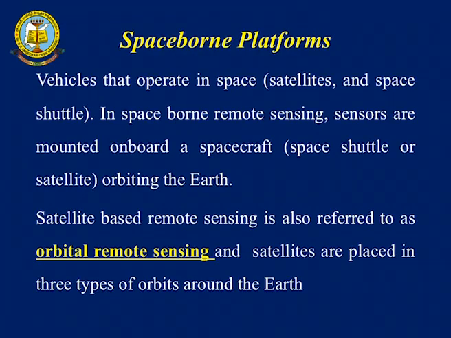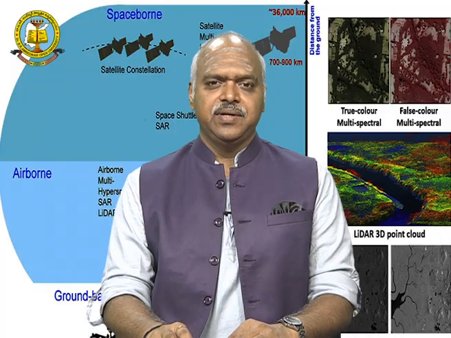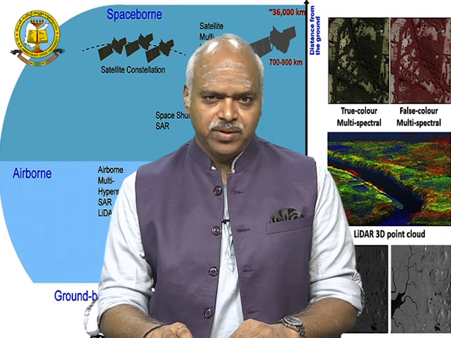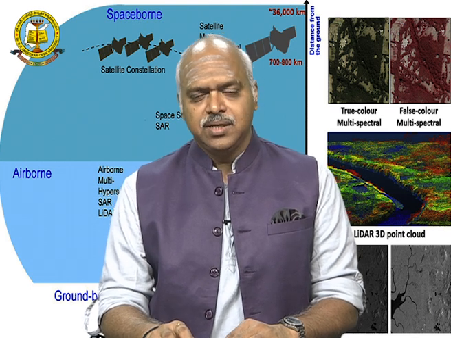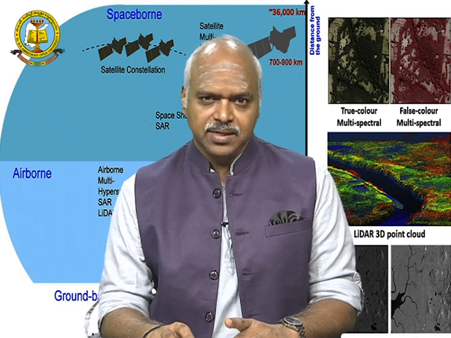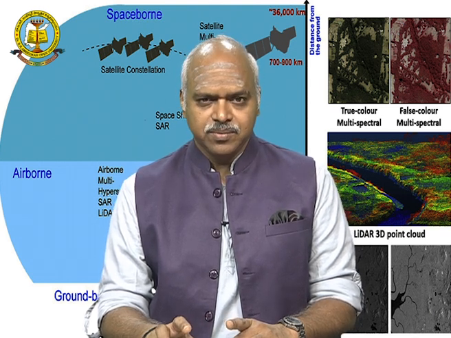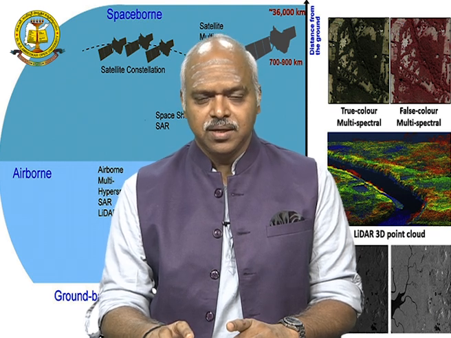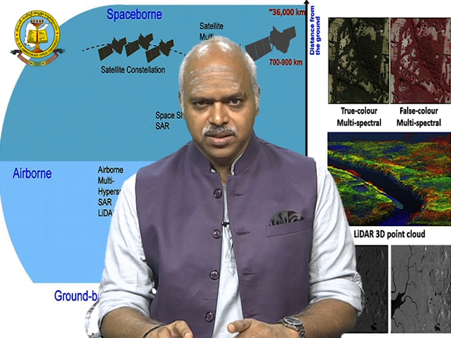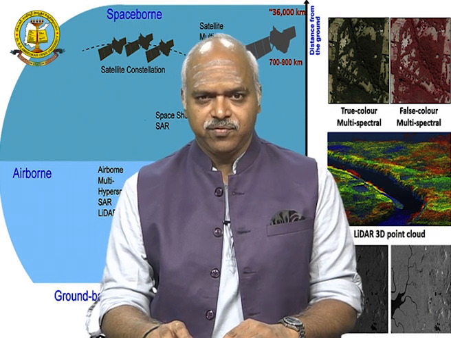Now coming to the space-borne platforms, the name itself indicates that these are the platforms we see in space. These space-borne platforms are mostly satellites, and in some cases we also make use of the space transport system, what we call a space shuttle, as one of the platforms.